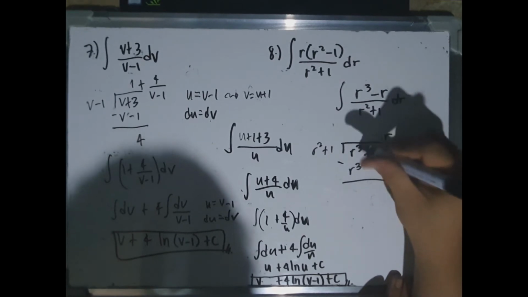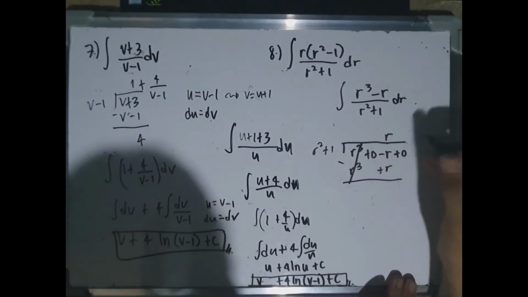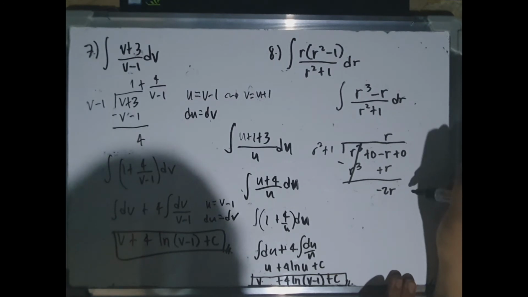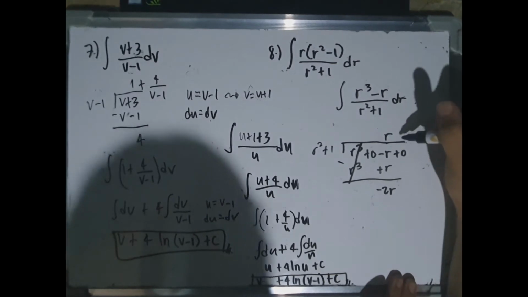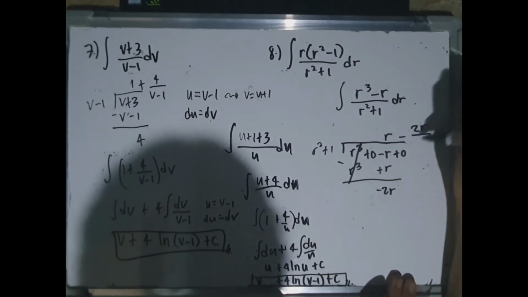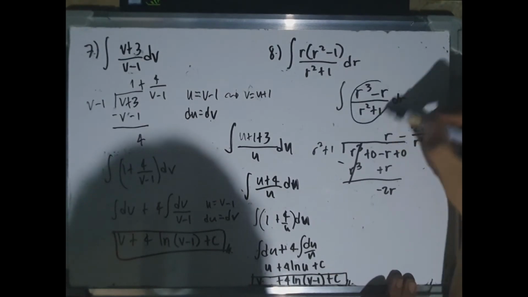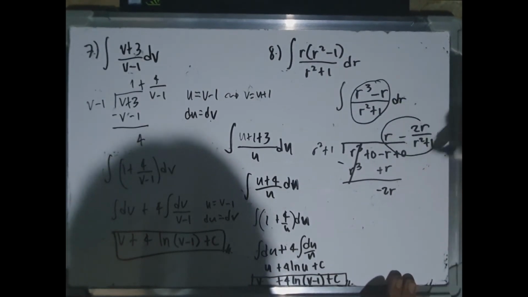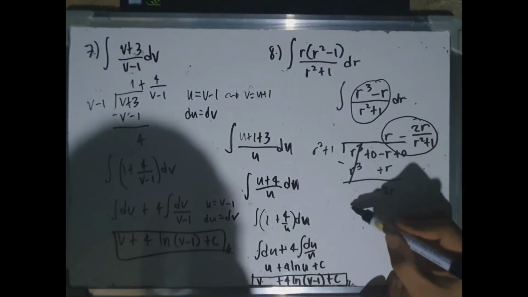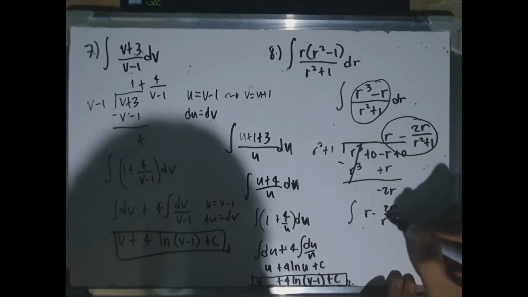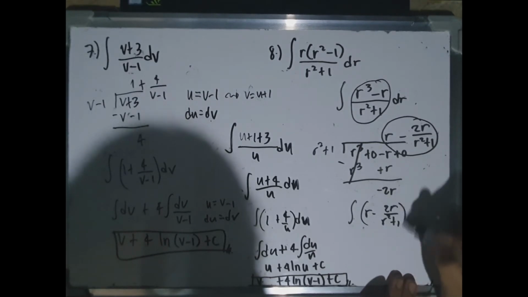Subtracting this, it cancels, and this will become negative 2r plus 0. So we will have a remainder of negative 2r over r squared plus 1. Replacing this fraction into this term right here, we now have the integral of r minus 2r over r squared plus 1 dr.